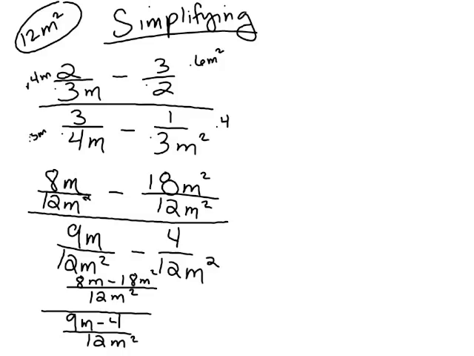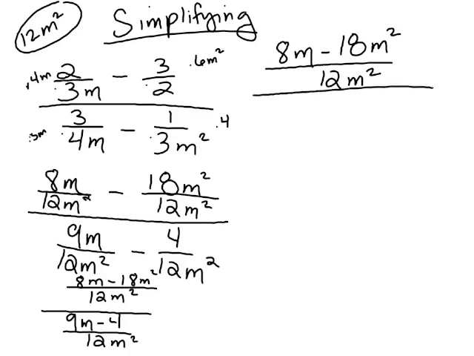Let's rewrite that. 8m minus 18m squared over 12m squared. There's the top of my fraction, right? Okay. All over, what's 9m minus 4? 9m minus 4 over 12m squared.